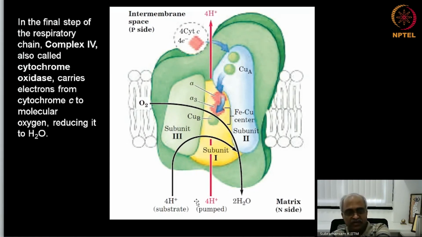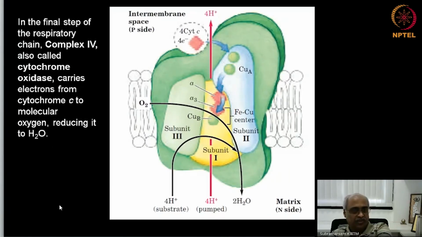In that downhill flow, the free energy liberated is conserved in the form of an electrical gradient and a chemical gradient across this membrane. So you have a proton concentration difference and a charge difference between the 2. That is what has been accomplished.